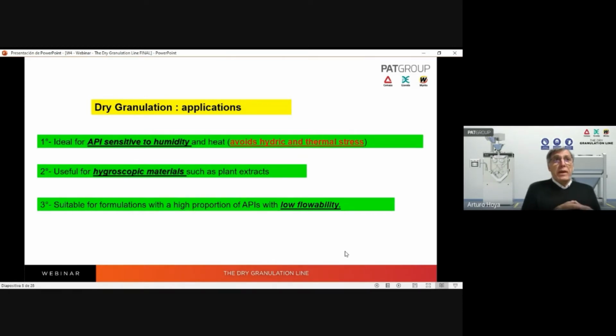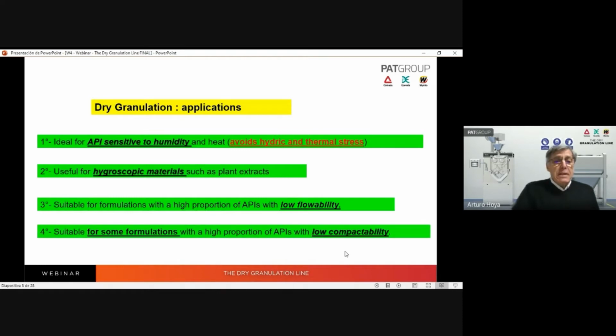So if we have a formulation with high levels of API with low flowability, the performance will be bad in the tablet machine. So dry granulation could solve this problem.